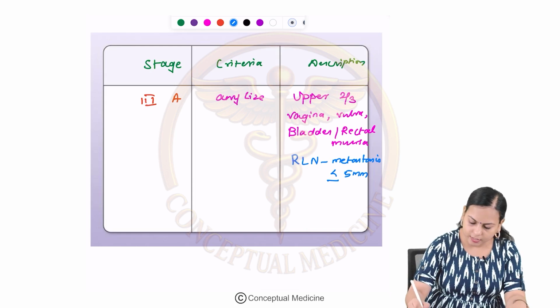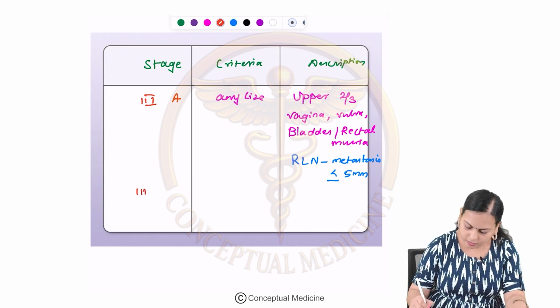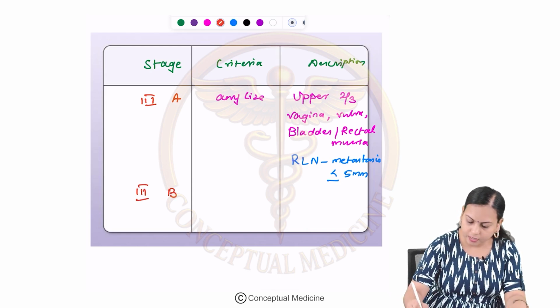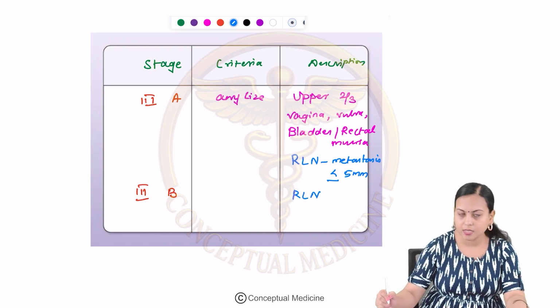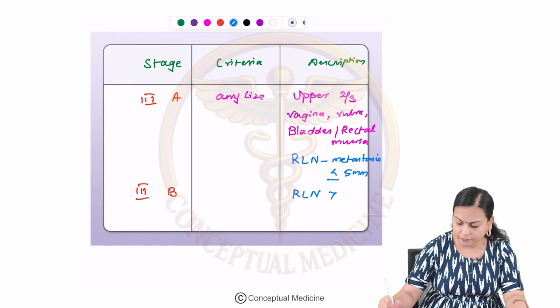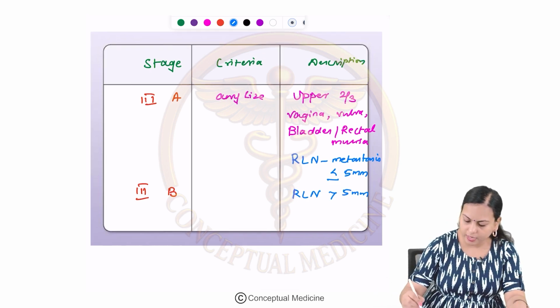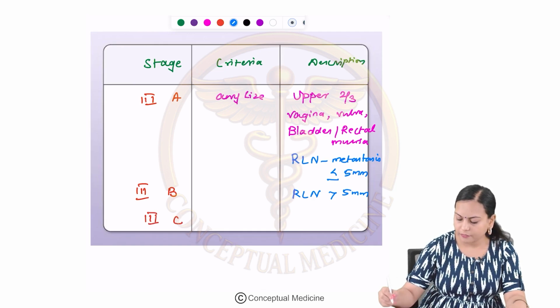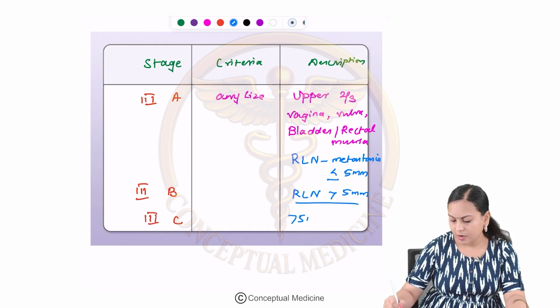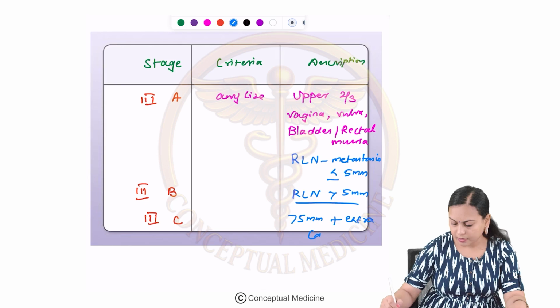Clear? Then coming to stage 3B, there will be regional lymph node metastasis, but it will be more than 5 millimeter. Stage 3C is also there. It will be more than 5 millimeter, but there will be extracapsular spread of the tumor.